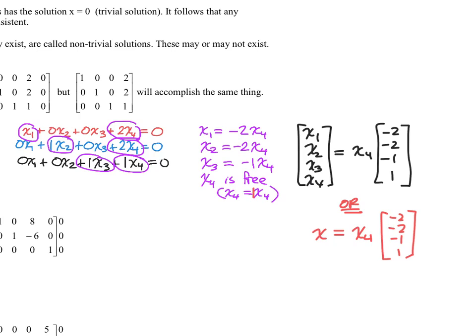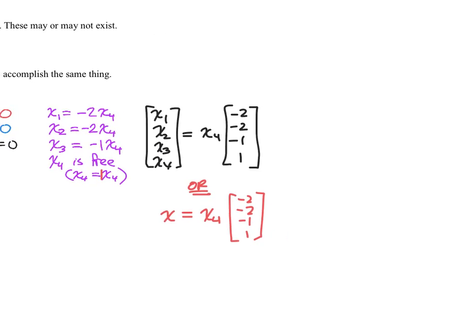And then finally, the last way to represent it, well, there's really 4 ways to represent it, but the last 2 ways are really the same way, just written slightly differently.